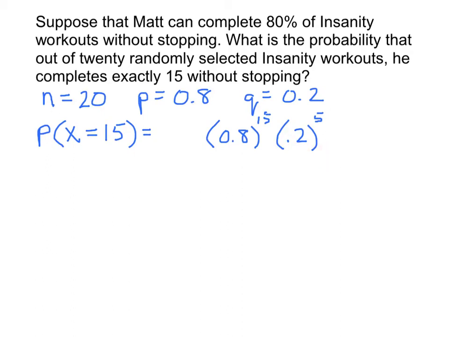There are other ways to get 15 completes and 5 failures. You can mix them up. These could be at the end, these could be at the beginning. So we know that 20 choose 15 on our calculator will give us the number of combinations of ways you can get 15 successes and 5 failures.